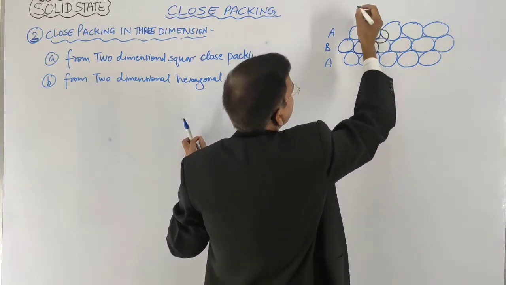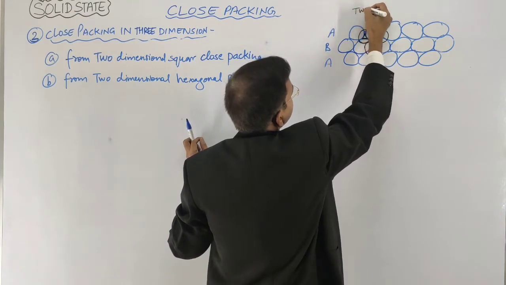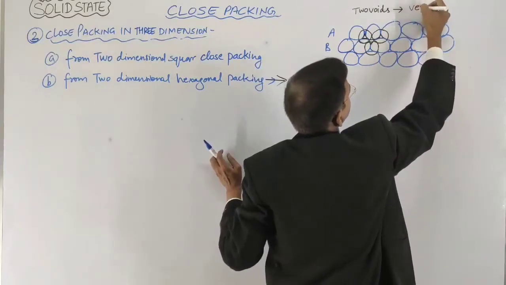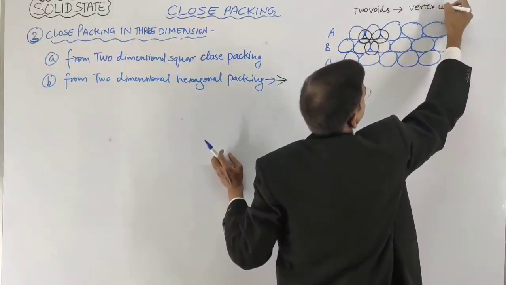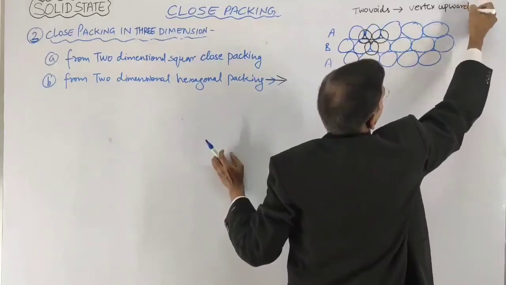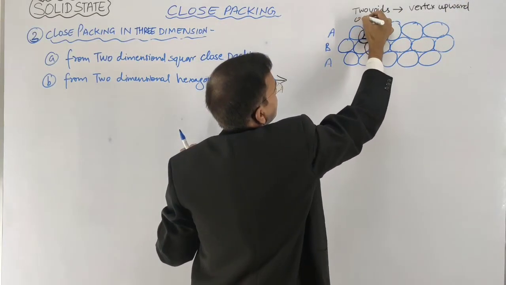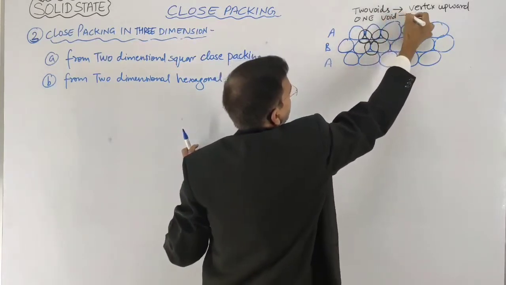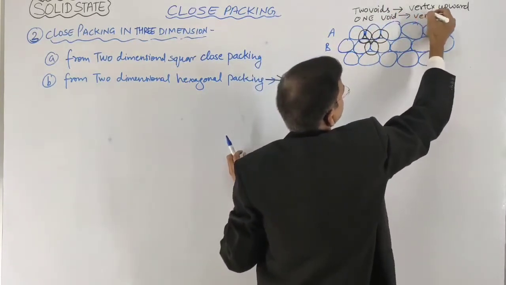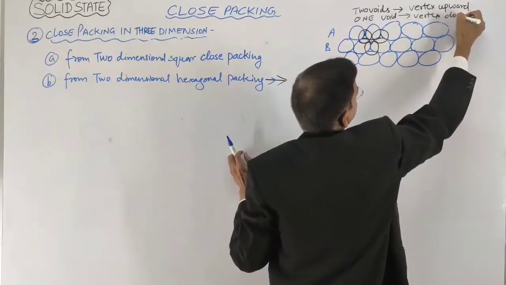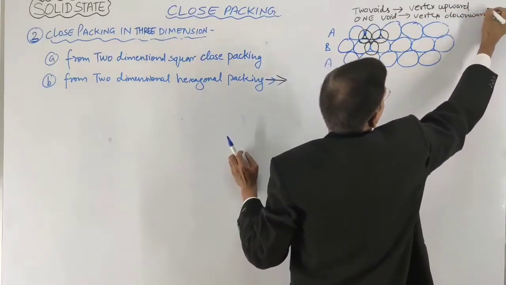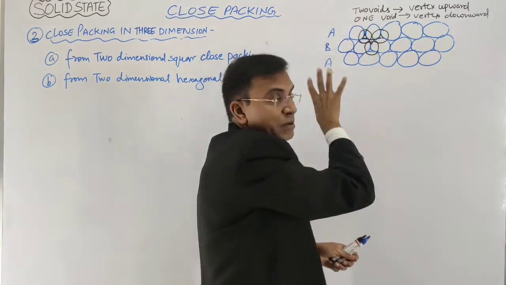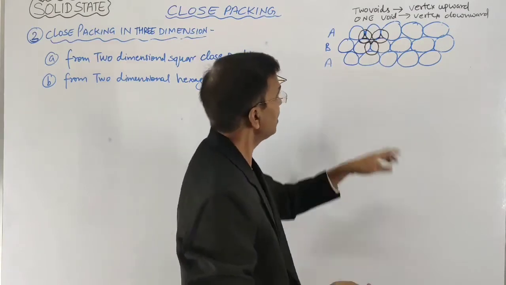So two types of voids: two voids having vertex upward, and one void with vertex downward, right?